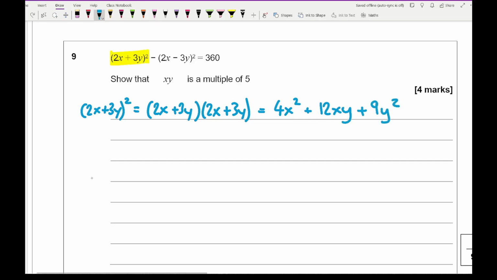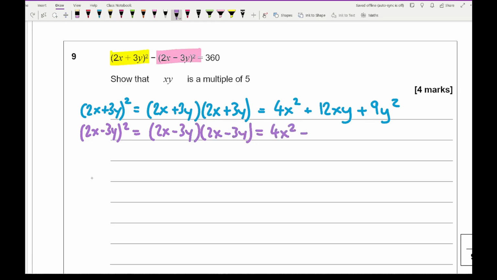Then if I do the second bracket, now again I'm not going to ignore the minus, I'm just going to leave it as that to begin with. So here I get 2x minus 3y, 2x minus 3y, and that's going to give me 4x squared minus 12xy plus 9y squared.